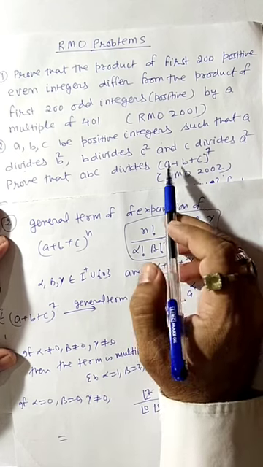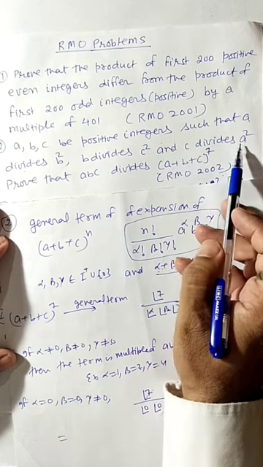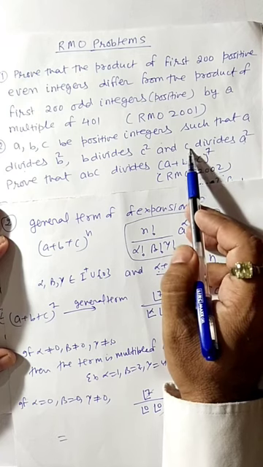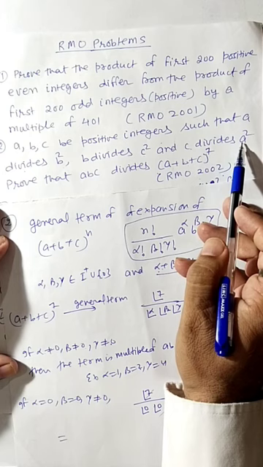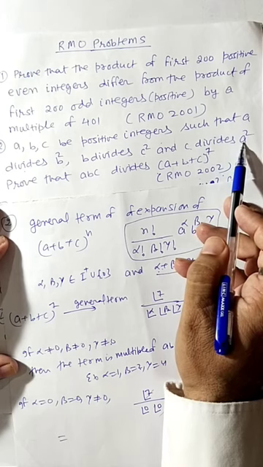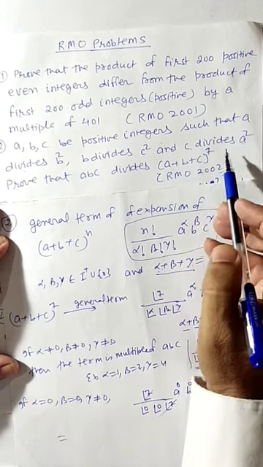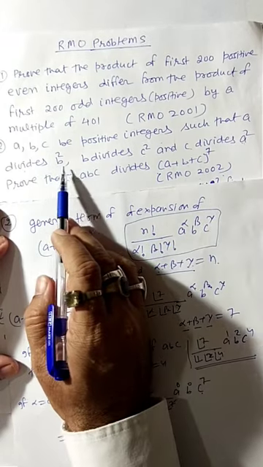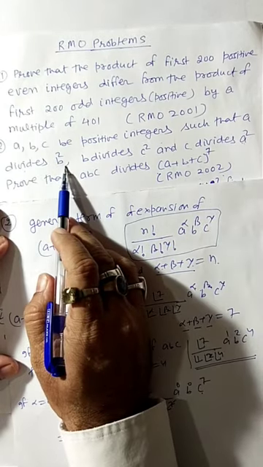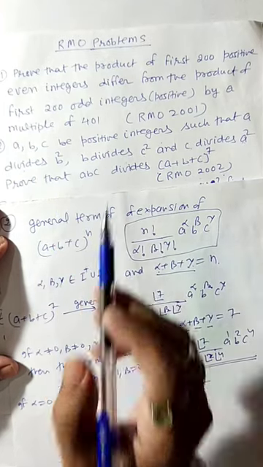in our question it is given that c divides a square, and also that a divides b square and b divides c square.